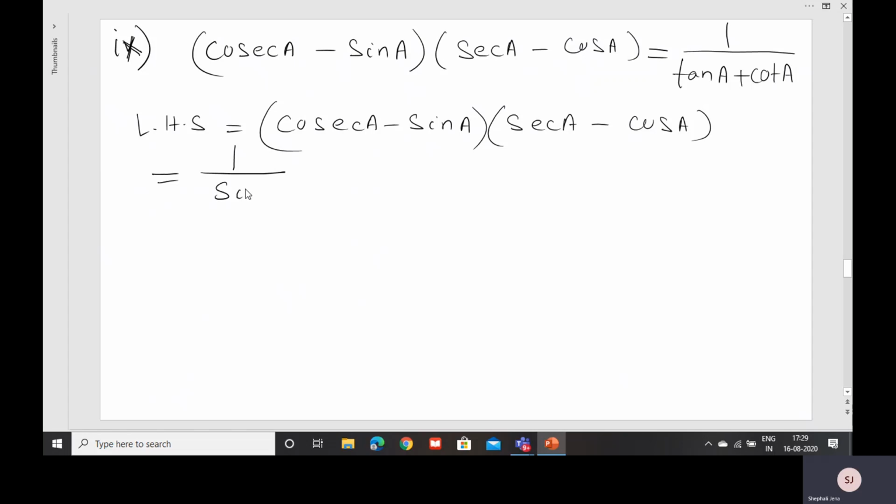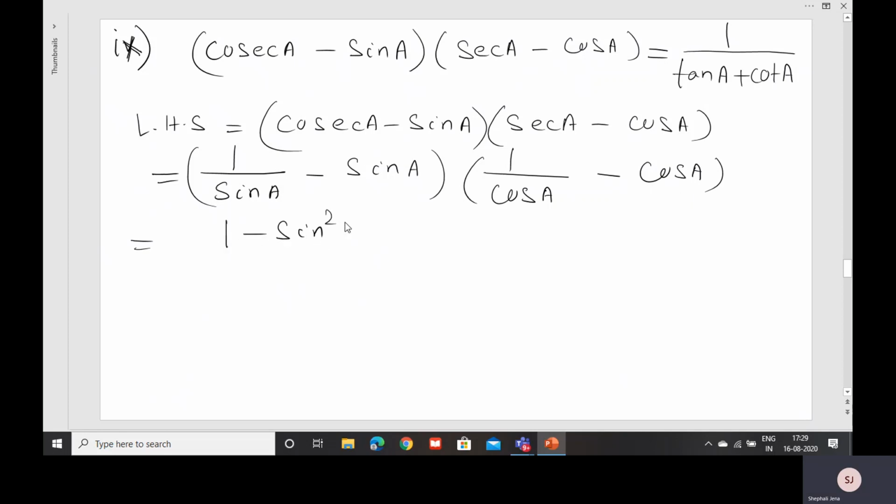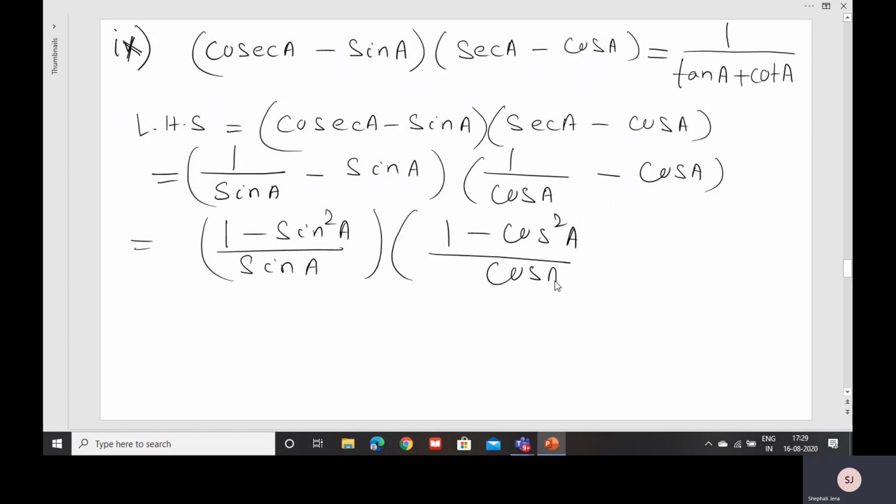We see that 1 by sin A minus sin A into 1 divided by cos A minus cos A. So it will come 1 minus sin square A divided by sin A into 1 minus cos square A, because the LCM is cos A. So you should multiply cos A with cos A, cos square A divided by cos A.